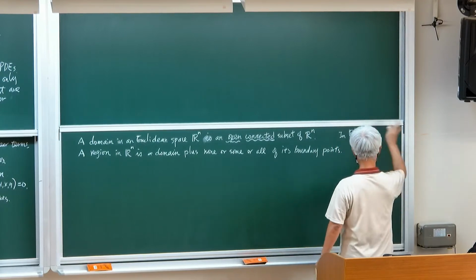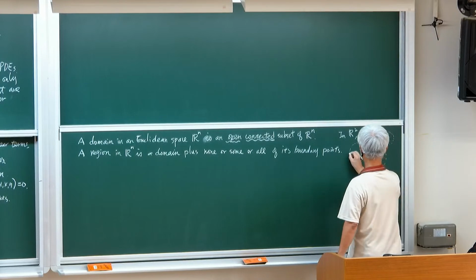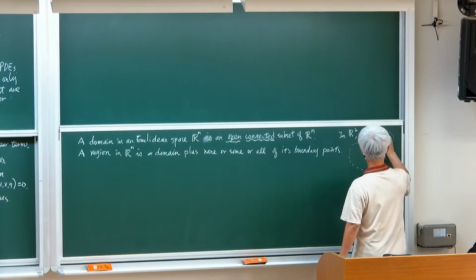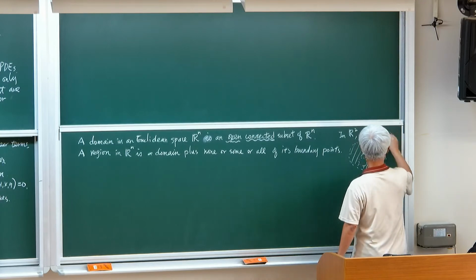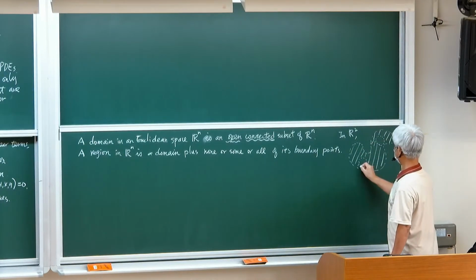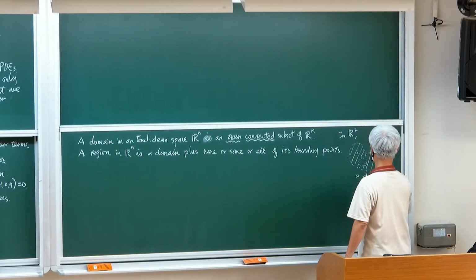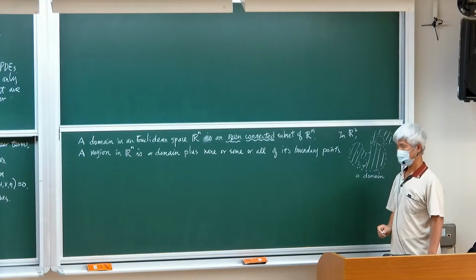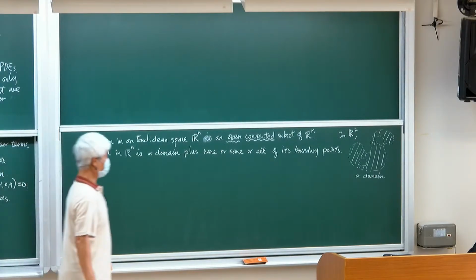All right. So in R2, the shaded area here, without including the boundary, is a domain. It is open, of course.